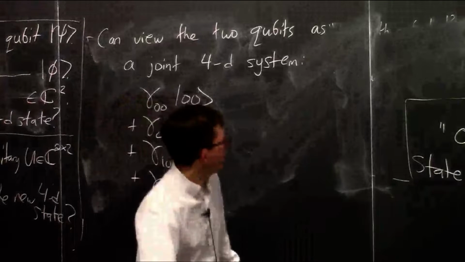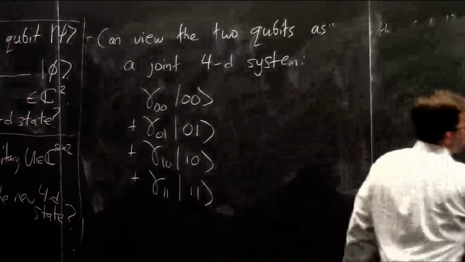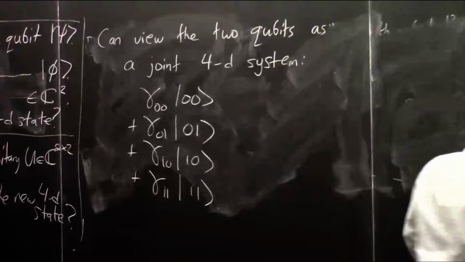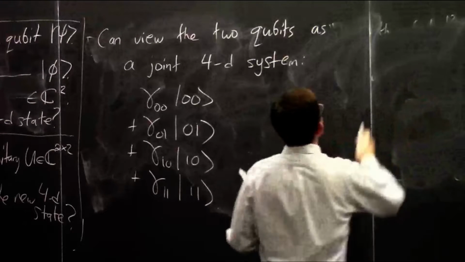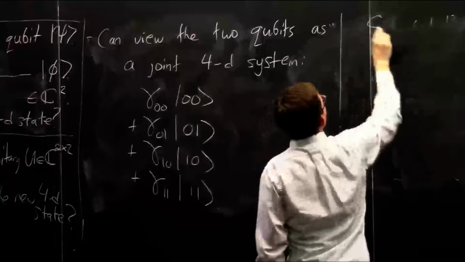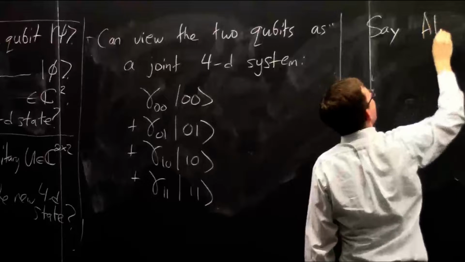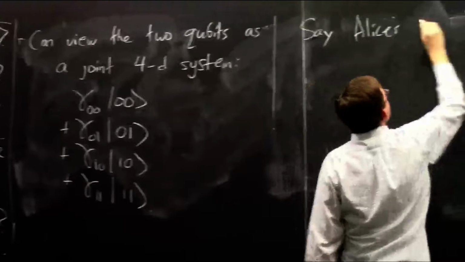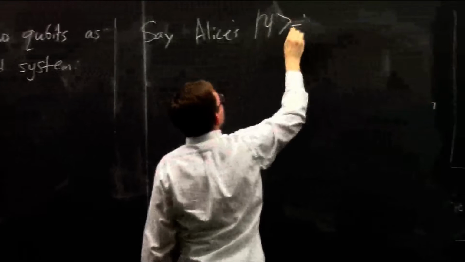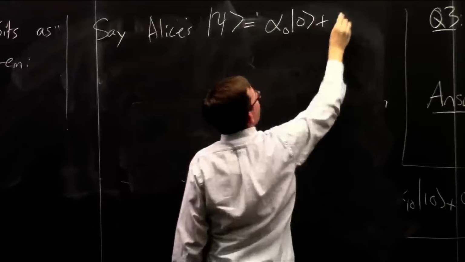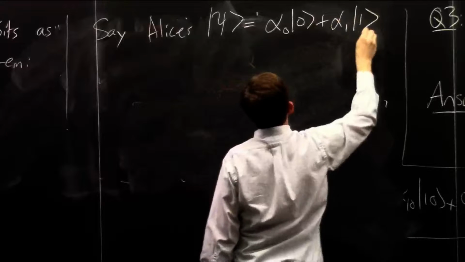OK, so the only thing we have to think about is, let's give some specific values to Alice and Bob's states. So say Alice's psi is alpha 0, amplitude on 0, and alpha 1, amplitude on 1.